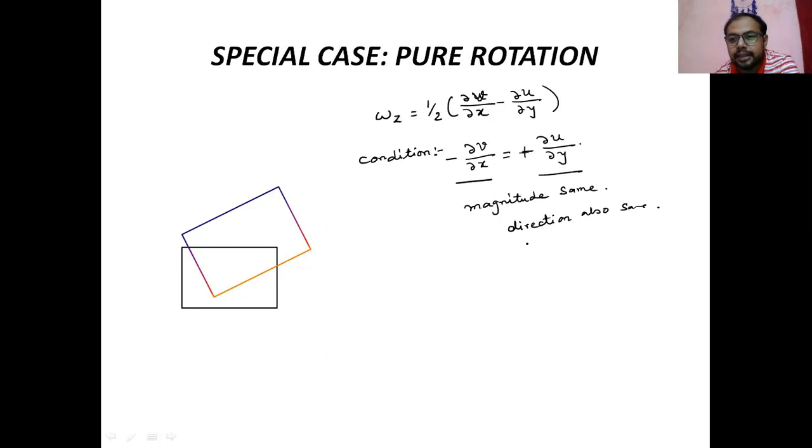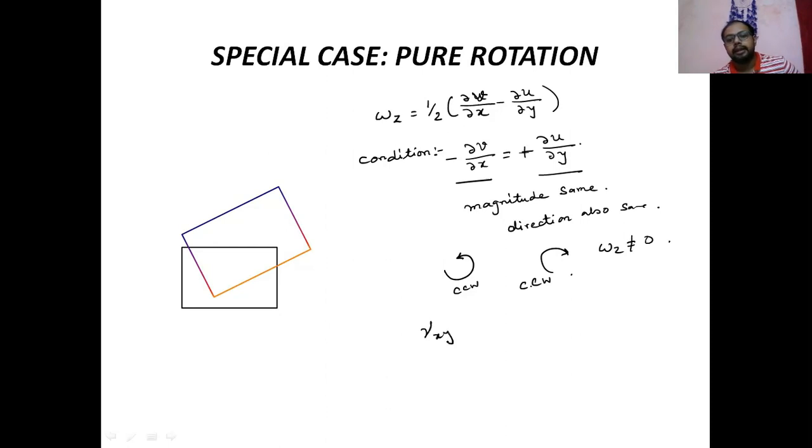Because previously we considered del v del x in the counterclockwise direction, and del u del y in the clockwise direction. If both are the same in direction, the element is purely rotating and omega z is not equal to 0.